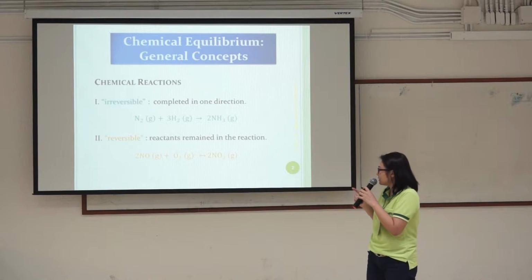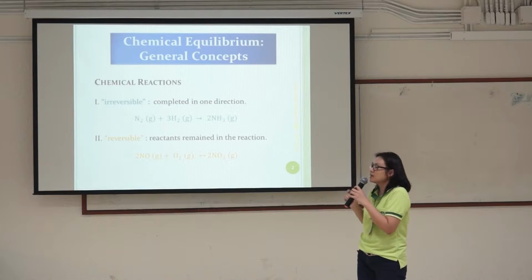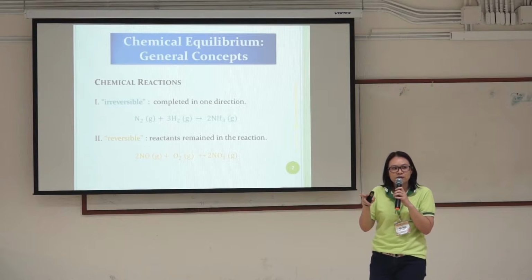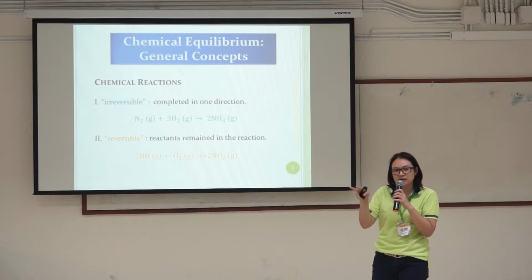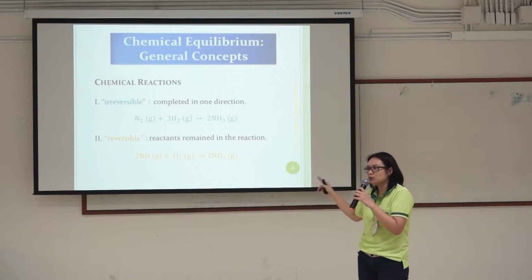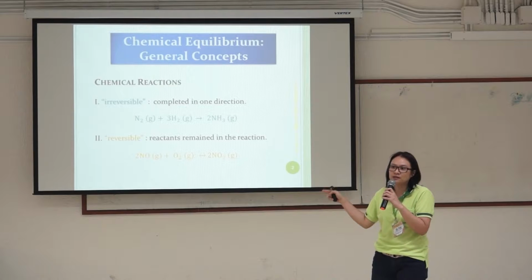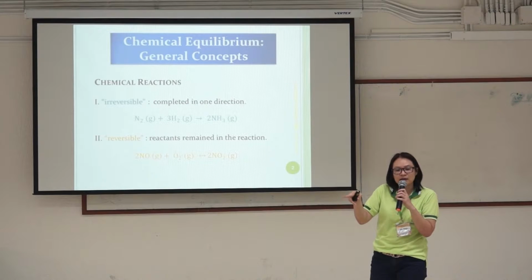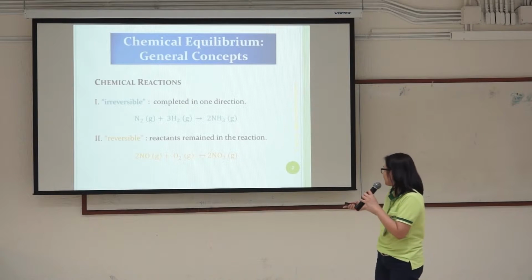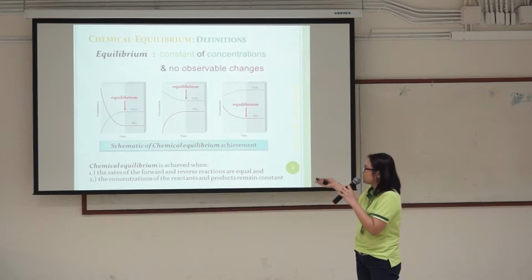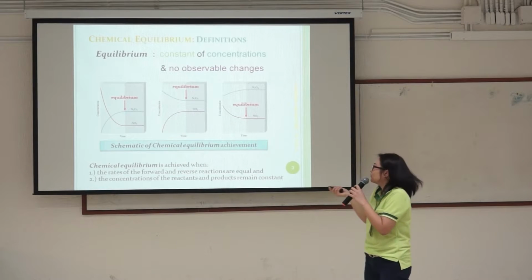And the other type is called a reversible reaction, in which the reactants react together and produce the products. At the same time, those products can react together and become reactants again, as shown on the slide.